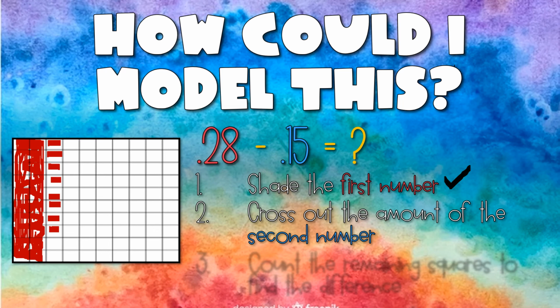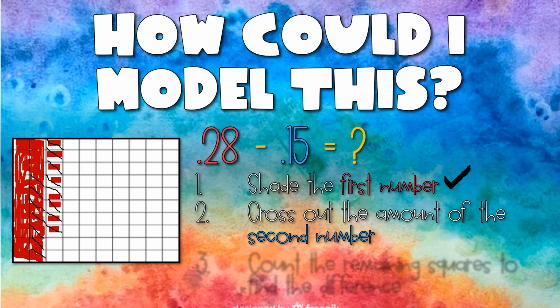So I'm crossing out 15 hundredths. So I'm going to go ahead and cross out my one section first. So that's 1, 2, 3, 4, 5, 6, 7, 8, 9, 10, 11, 12, 13, 14, and 15.